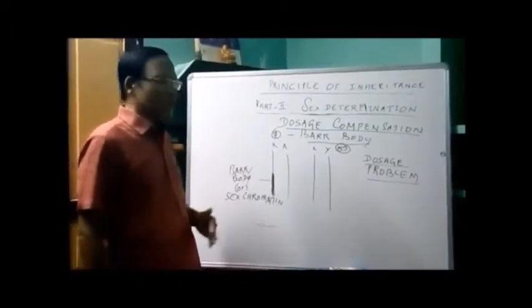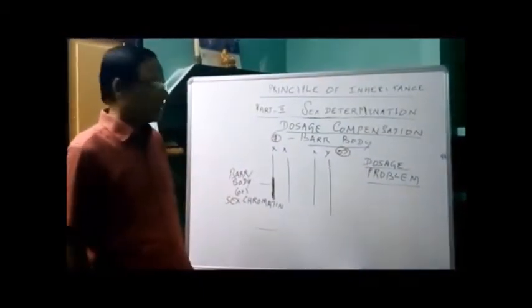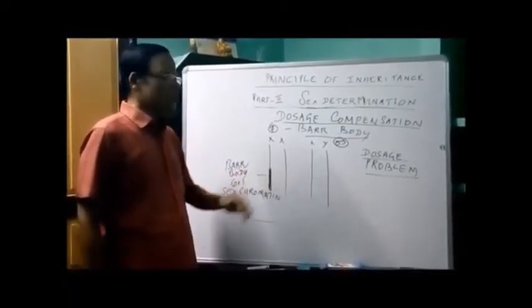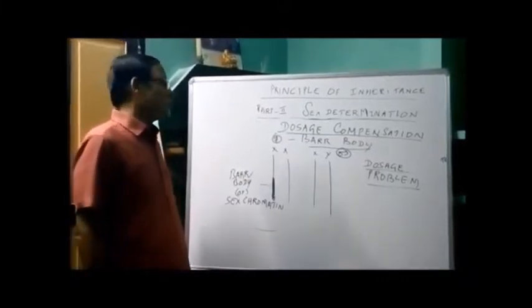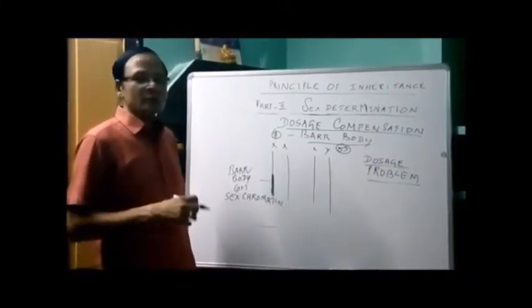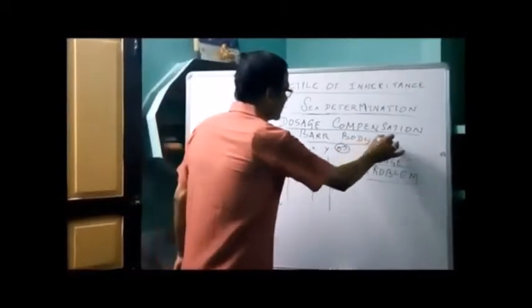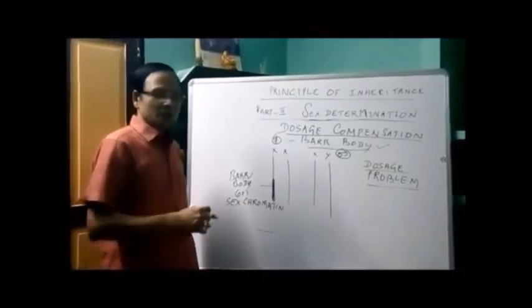This creates a problem called the dosage problem, inequality in number of genes. 2 doses of genes, 1 dose of genes. This dosage problem can be compensated, and that method is called dosage compensation.